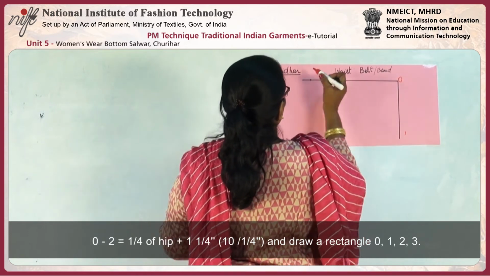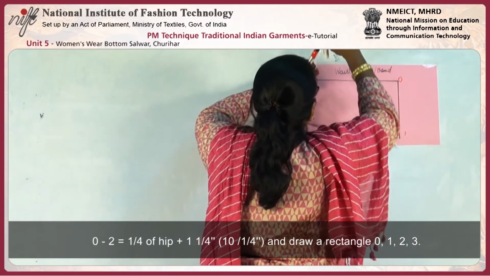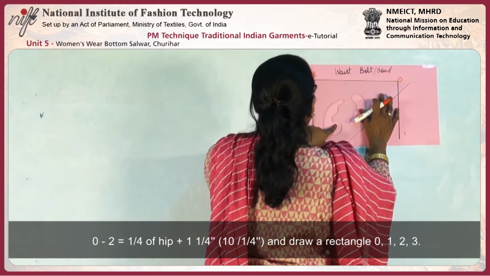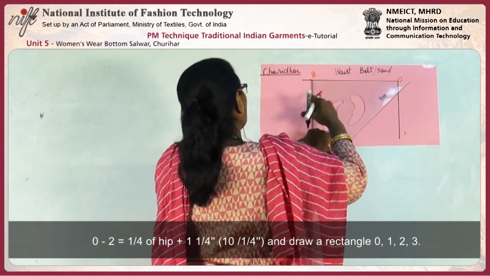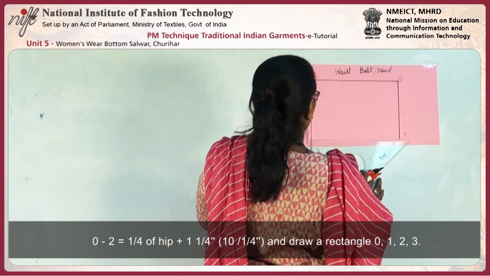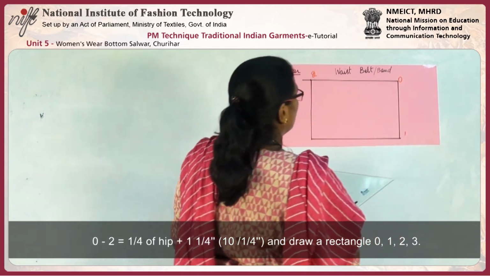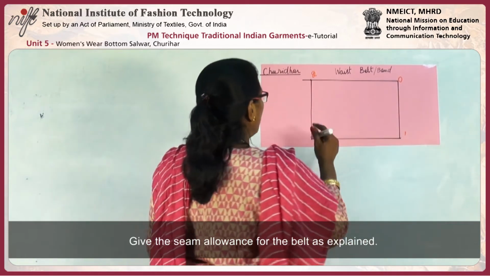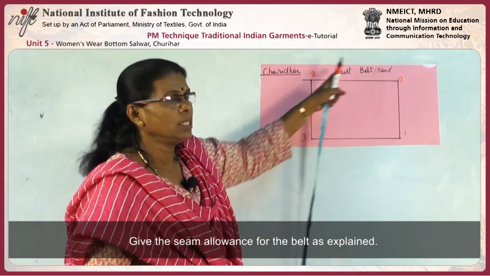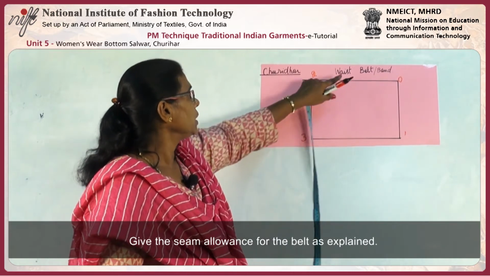Mark 2 and draw a rectangle. Mark 3, and we should allow the seam allowance for the belt piece.